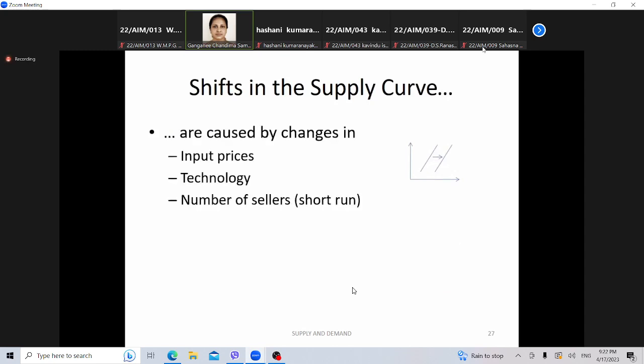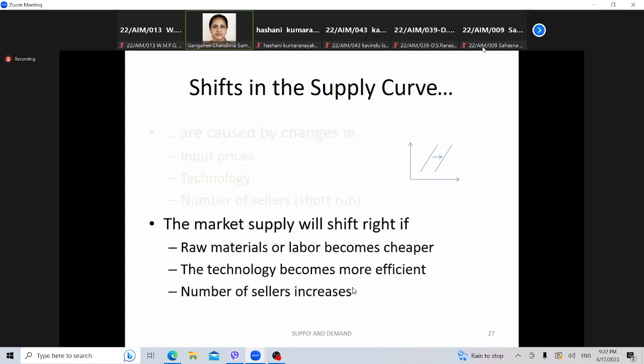So the shift in the supply curve is caused by changes of input prices, technology, number of sellers in the short run. So these are the other factors other than price. So the market supply will shift left, that means low production. The market supply will shift right, meaning more production.